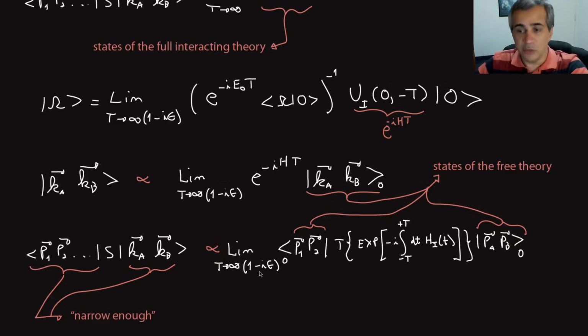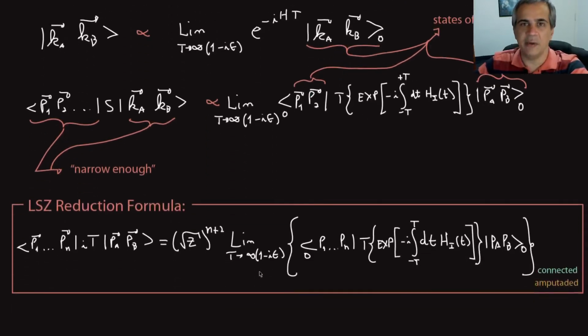Once you do that, what you get is the LSZ reduction formula. So this is sort of underlying every scattering calculation that we did so far. This version of the LSZ reduction formula that I wrote here is a practical one. I removed a lot of the noise here, but this is what you get in the end.